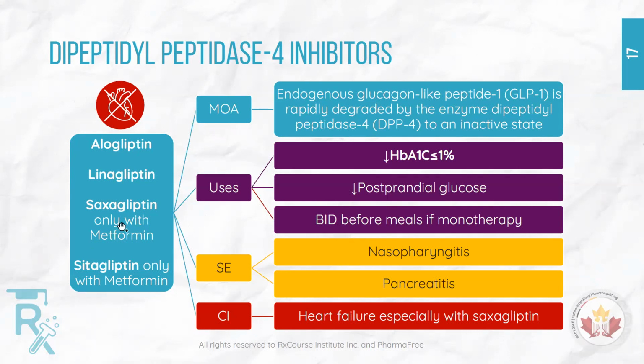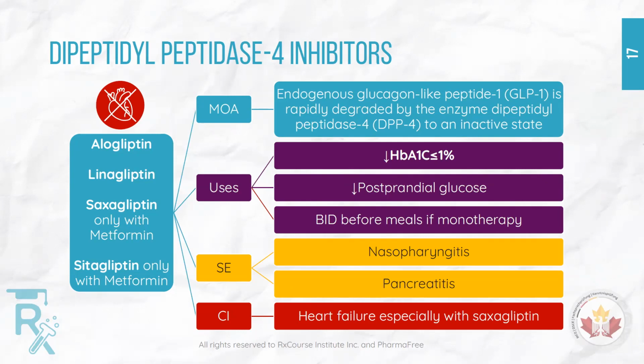First, the bad thing is heart failure is one of the contraindications of using this family, especially saxagliptin. If a patient has heart failure or cardiovascular disease, we need to avoid the use of saxagliptin. Also, the gliptin family is associated with pancreatitis and also nasopharyngitis.